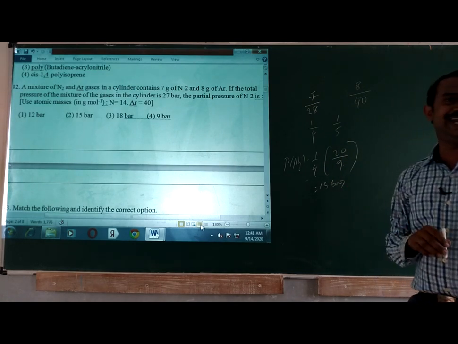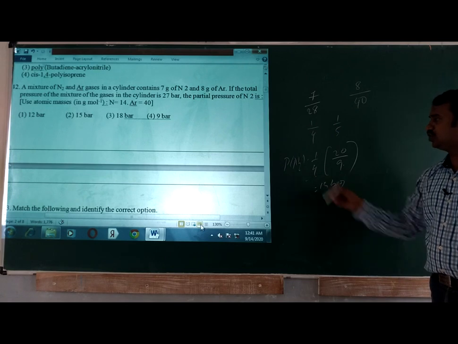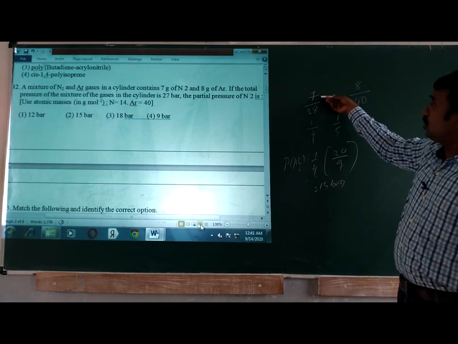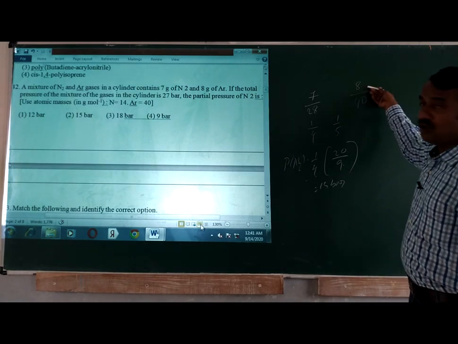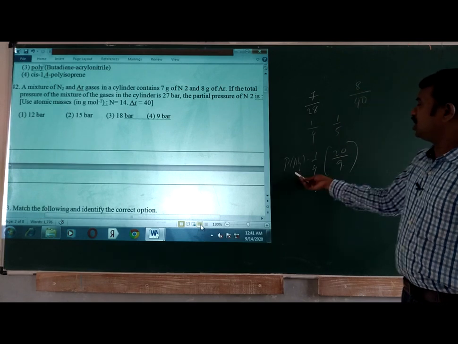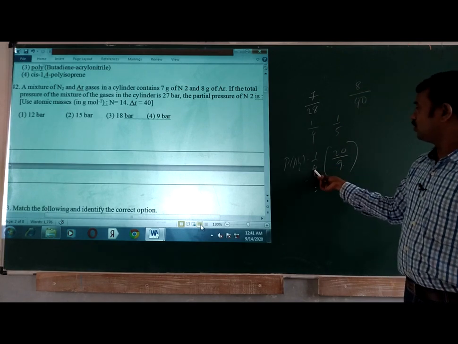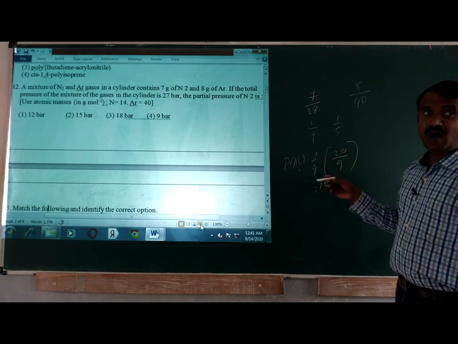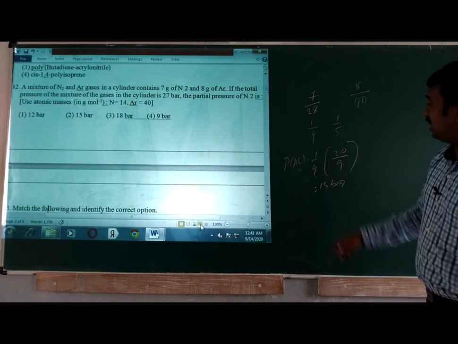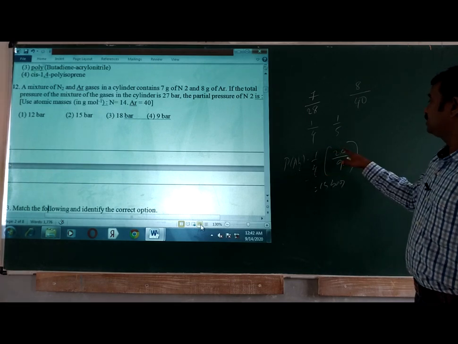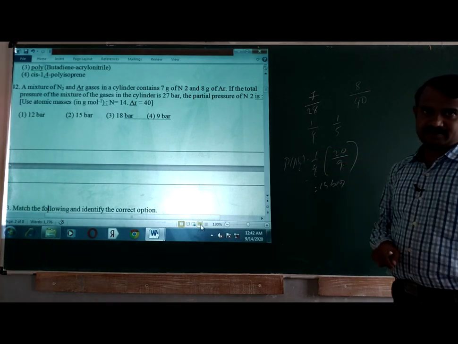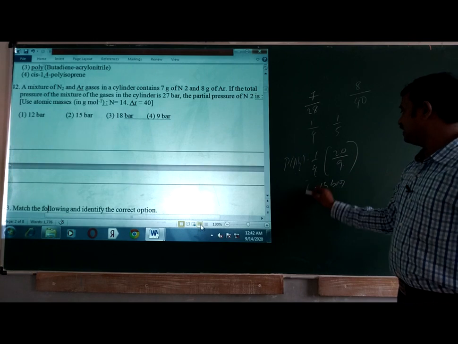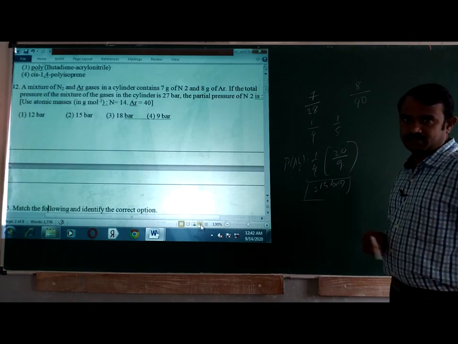You have to calculate the pressure of nitrogen, so take the moles of nitrogen and moles of argon. The pressure of nitrogen equals 1 divided by 4 into 20 divided by 9. If you want the pressure of argon, it is 1 divided by 5 into 20 divided by 9. For nitrogen you will get 15 bar pressure.